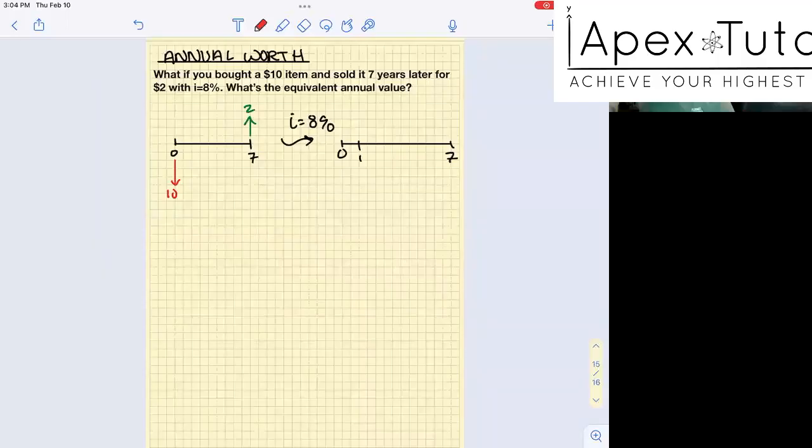Would it be a gradient of some sort? So it's just an annual or an annuity. So what does an annuity look like? A rectangle? There you go.